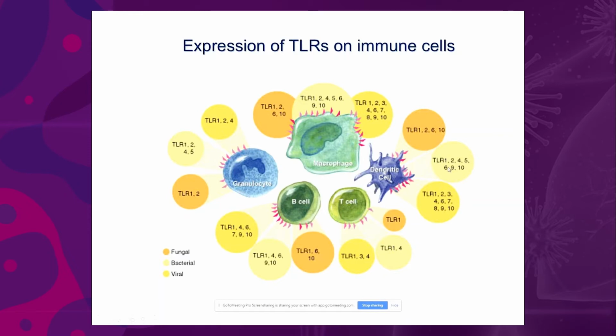Dendritic cells also express most known Toll-like receptors, although there are dendritic cell subsets that express different Toll-like receptors than others. Lymphocytes express fewer receptors, and even for the ones shown here, some have been challenged as to whether they are really functional in these cells. Granulocytes express a good pattern of receptors, so overall immune cells express Toll-like receptors well.